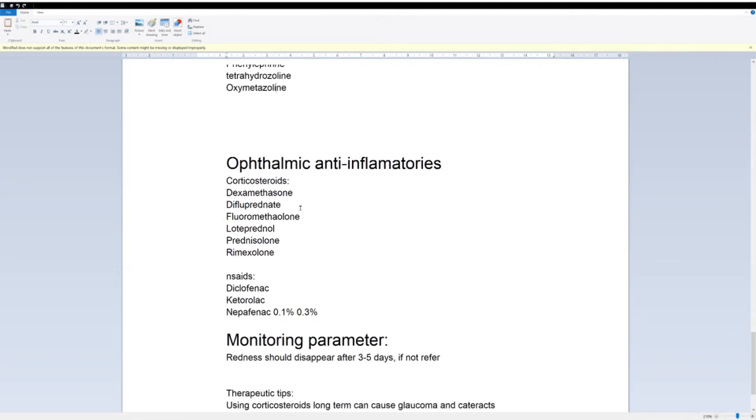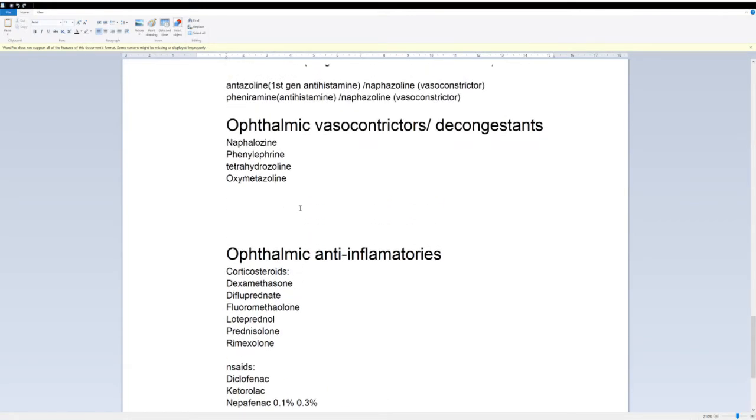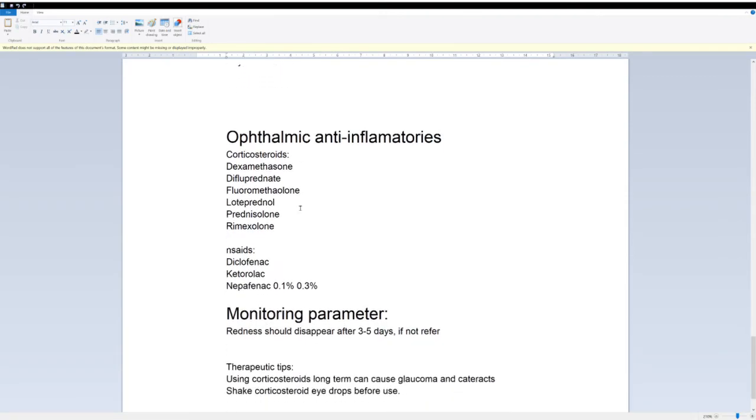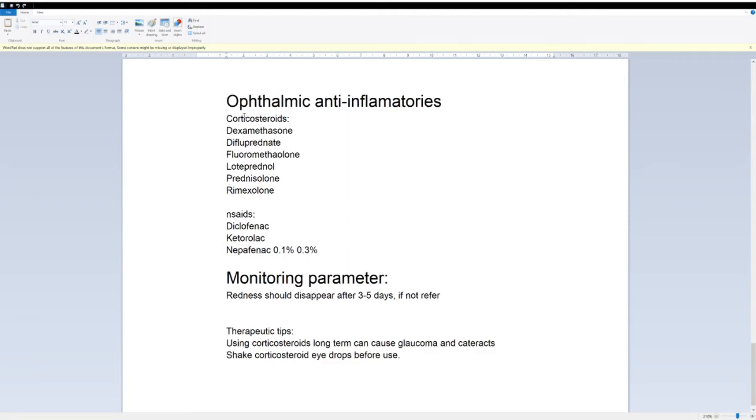And so that's it for the allergic conjunctivitis. And ophthalmic anti-inflammatories. So you've probably heard some of these medications before in other contexts. These, especially NSAIDs, it's not good to use them long term, because if you use NSAIDs, especially eye drops, long term, it can cause ulceration, and that's really bad.